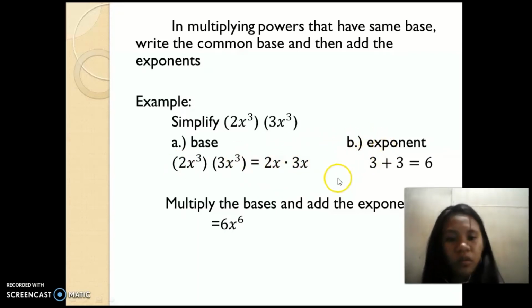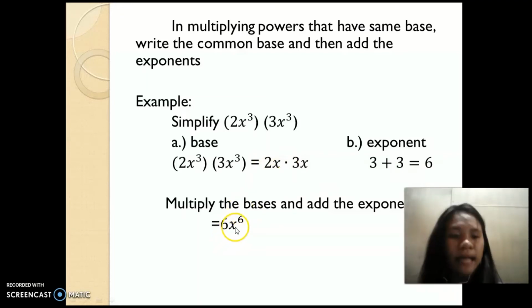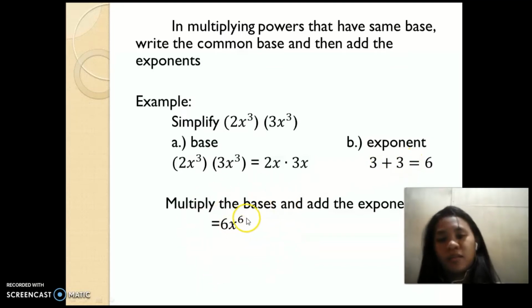We're just going to add both exponents. So we have 3 plus 3 is 6. That's why we multiply the bases and add the exponents. We're just going to multiply the bases: 2 times 3x, we have 6x. And then we're just going to add the exponents.